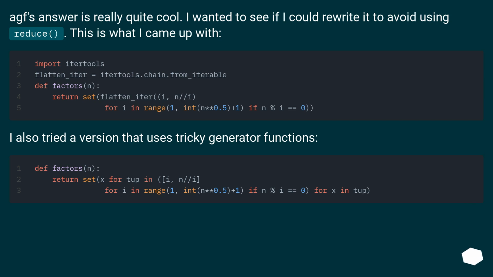agf's answer is really quite cool. I wanted to see if I could rewrite it to avoid using reduce. This is what I came up with. I also tried a version that uses tricky generator functions.